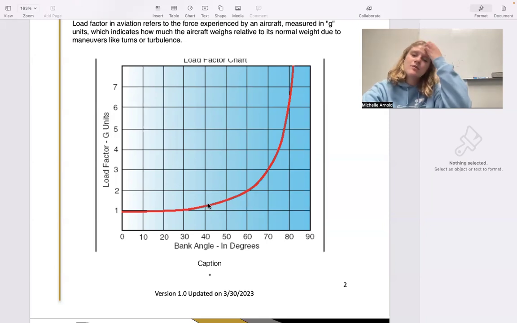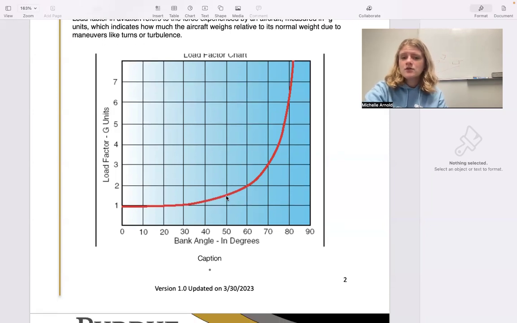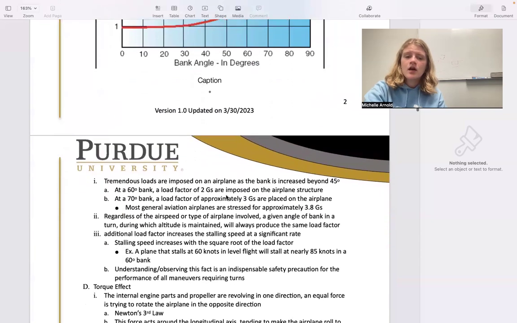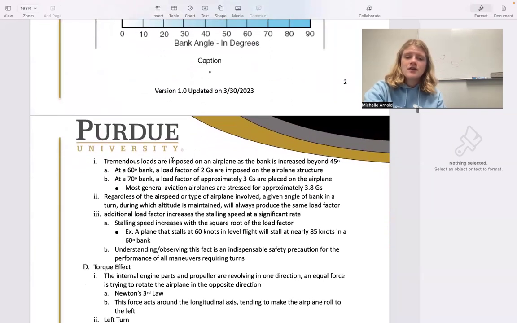So when we are performing steep turns, if you are a private, you're going to be at 45 degrees of bank, and for commercial, we're going to be at 50 degrees of bank, which now you have 1.5 G's of load factor, which is going to cause you to be pushed back into the plane. Tremendous loads are imposed on the plane as the bank is increased beyond 45 degrees.